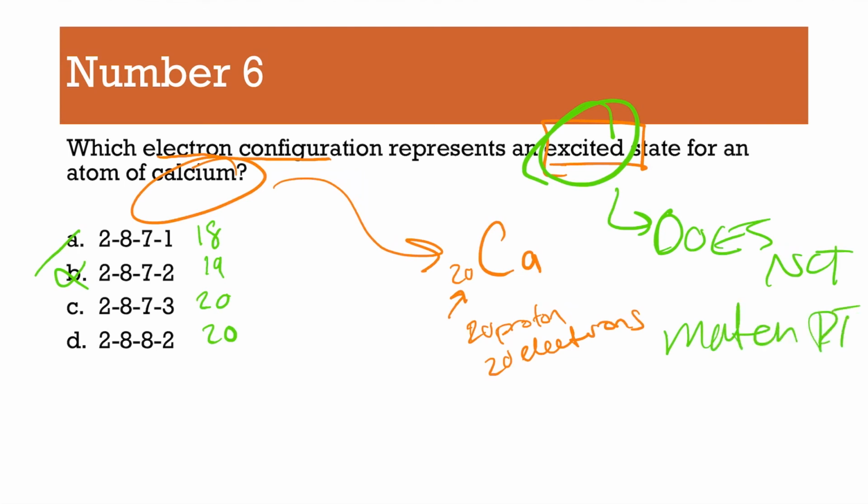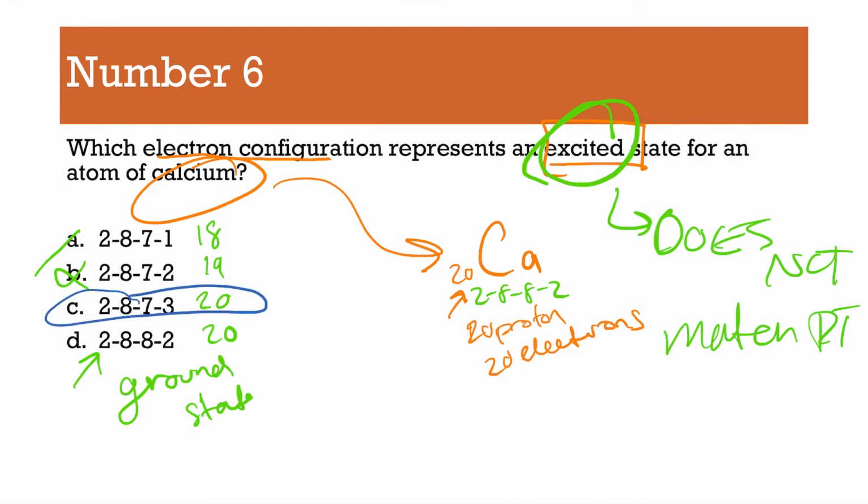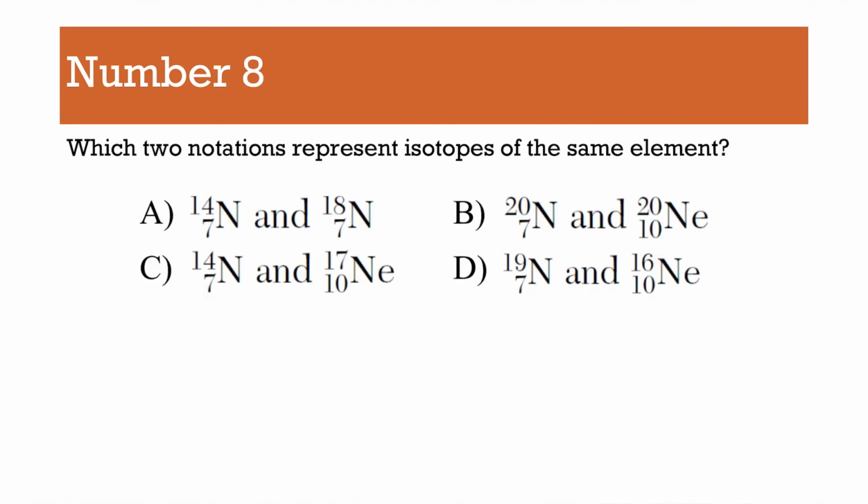If we're looking at the periodic table, it says 2-8-8-2. That is what choice D says. And that is that ground state. But the excited state has that electron jump up to a higher level. So right here, that electron that was in shell 3 bumped up to a higher energy level, making it choice C.